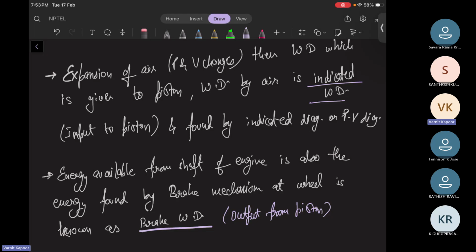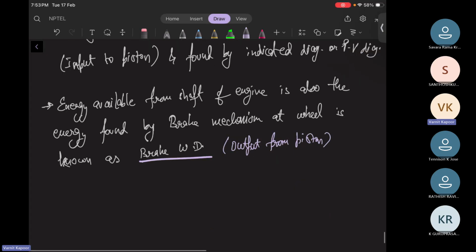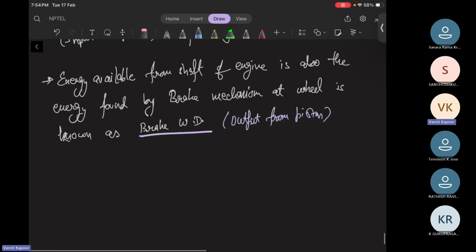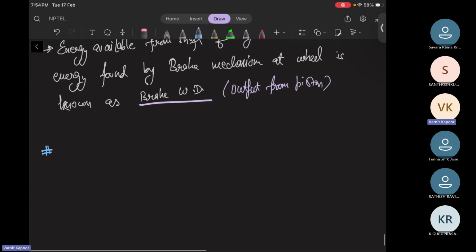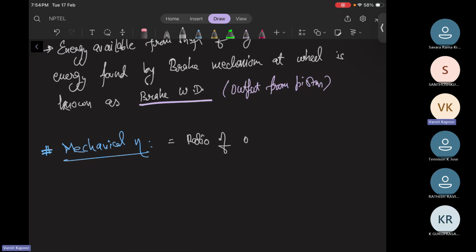So now we have two powers. Definitely some ratio will come here for the two powers, and that ratio is called the mechanical efficiency of the engine. Till now we were dealing only with the air standard efficiencies. Mechanical efficiency is the ratio of output energy of the piston to input.